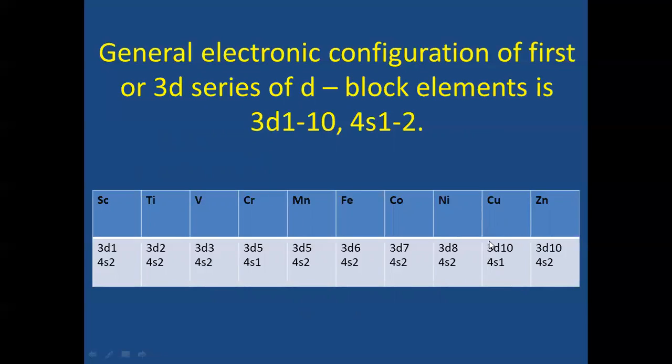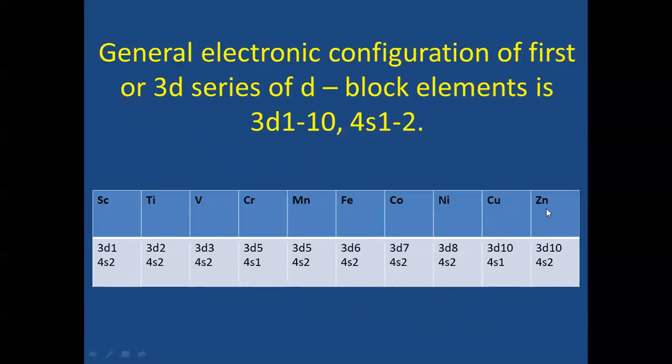Due to that, it becomes more stable and obeys the n plus l rule while writing the electronic configuration. So it is the correct way. If anybody writes 3d9 4s2, it would be wrong. So for both chromium and copper, these electronic configurations shown here are stable, and this is the correct way to write them.